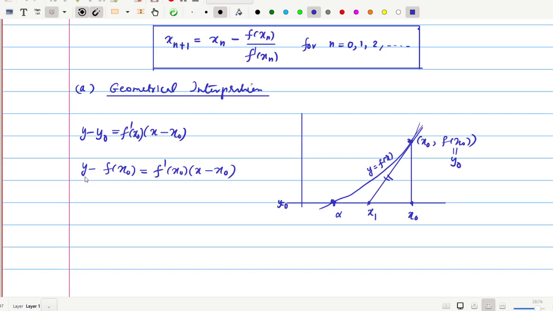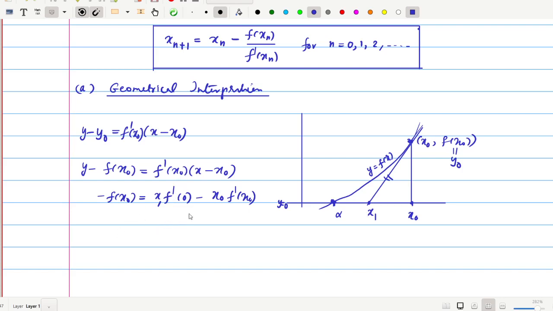When you put y equal to 0, this takes the form minus f of x naught equals x times f dash of x naught minus x naught times f dash of x naught. Replacing this x by x1, you can easily get x1 from this equation.